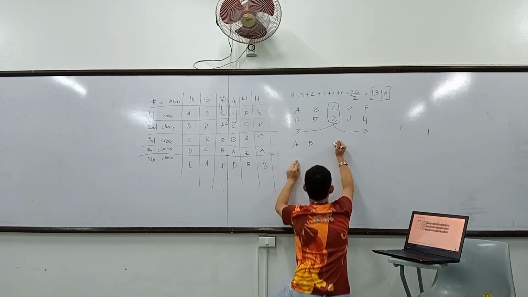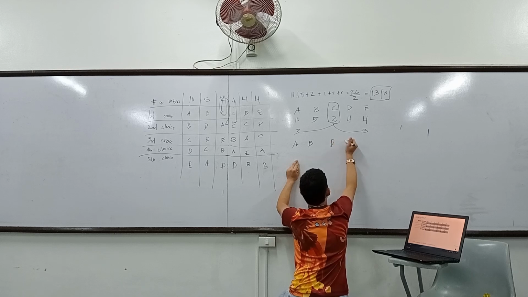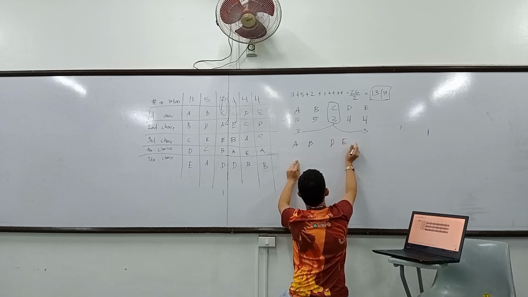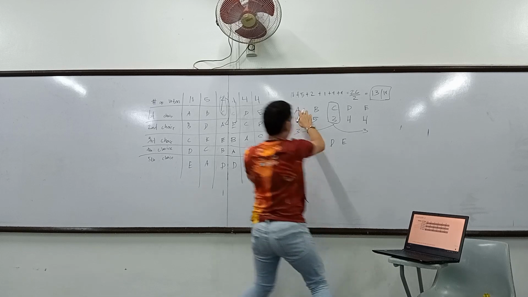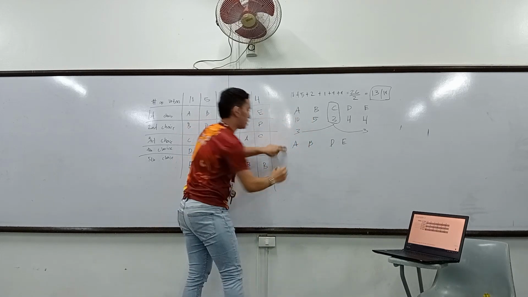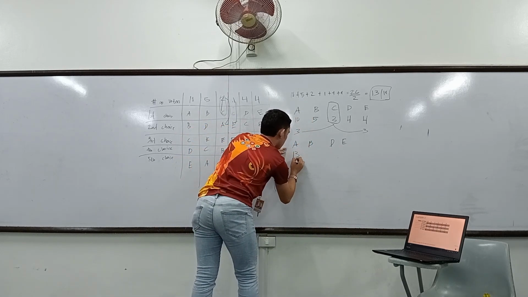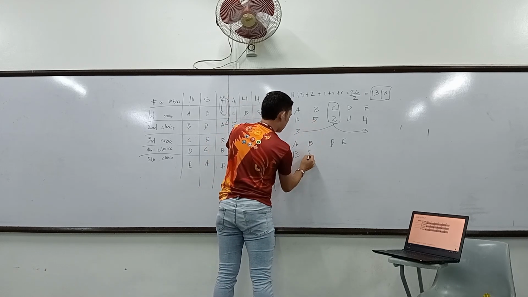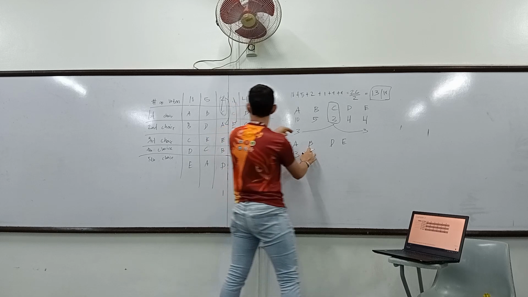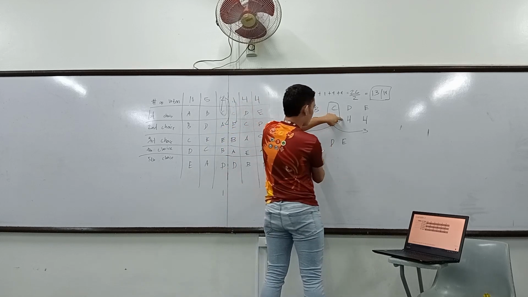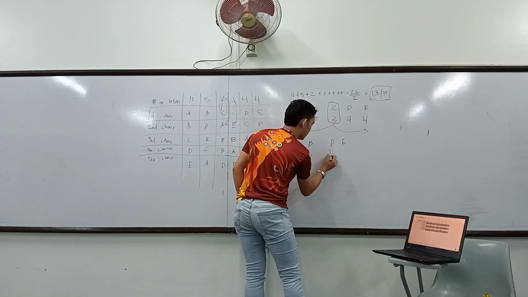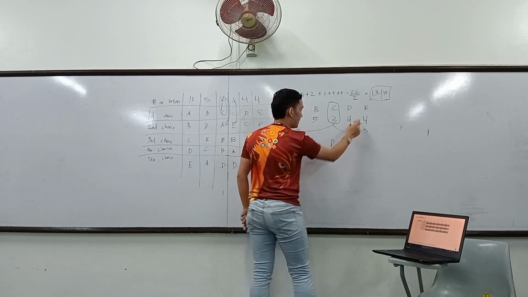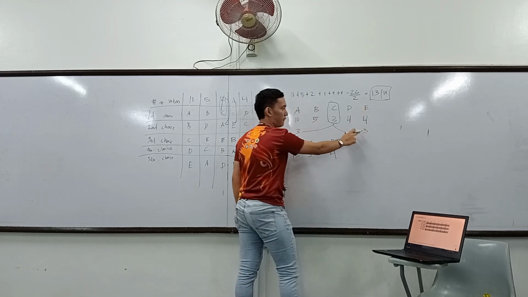So we should go to candidate letter B and D. Candidate letter A got a total of 13 votes. Candidate letter B got a total of 5 votes. Candidate letter D got a total of 4 votes. And candidate letter E got a total of 7 votes.